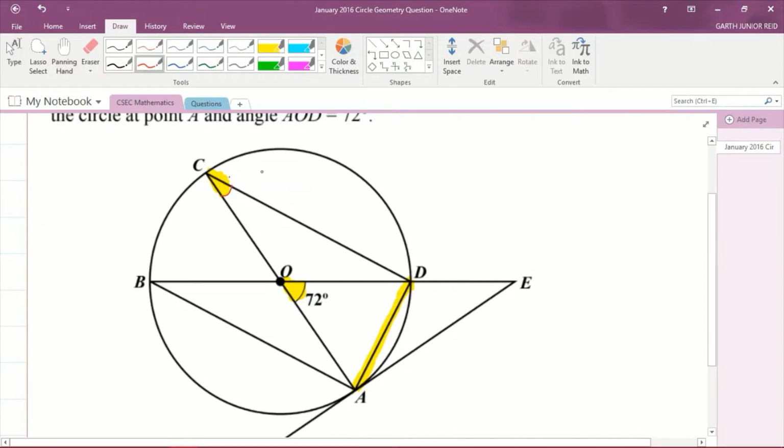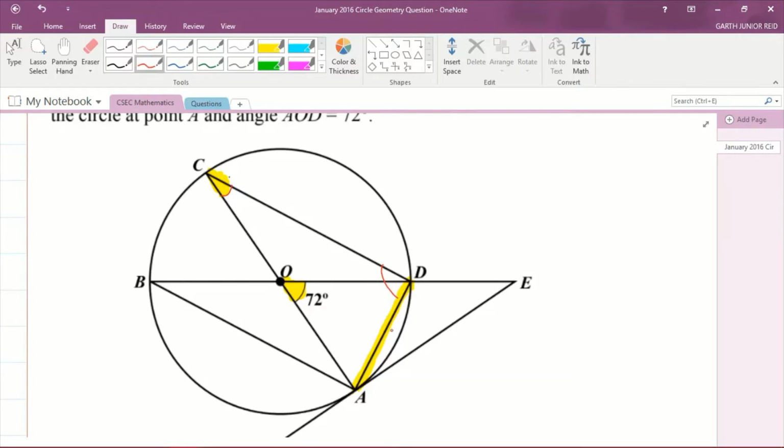Now, previously we calculated the angle ADC here, right? And we said that it was equal to 90 degrees, and I showed you 2 methods really in calculating that angle, all right? And one of the reasons that I said is that the angle at the center is 2 times the angle at the circumference, right?